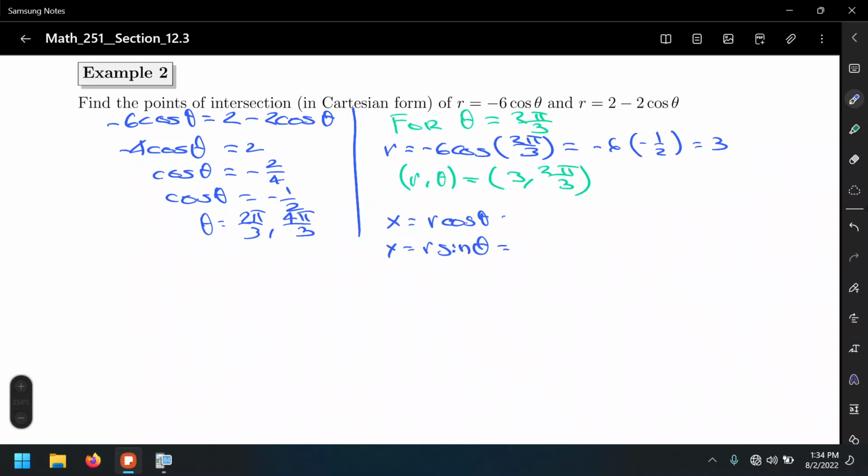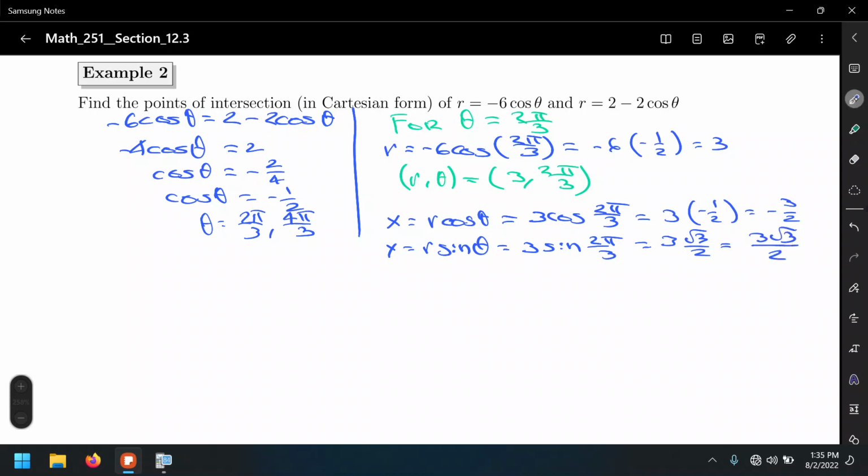So this is 3 cosine 2 pi over 3, 3 sine 2 pi over 3. Cosine 2 pi over 3 is -1/2, so that's 3 times -1/2, which is -3/2. And sine gives 3 root of 3 over 2.